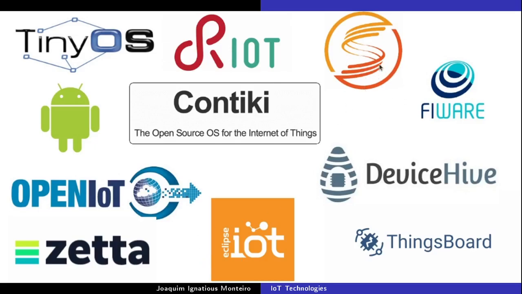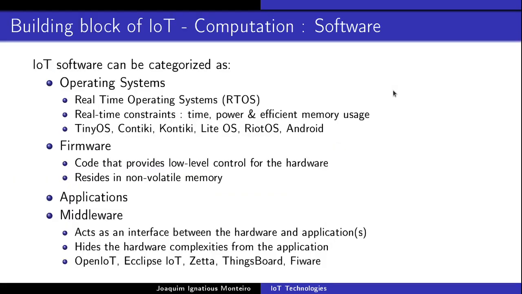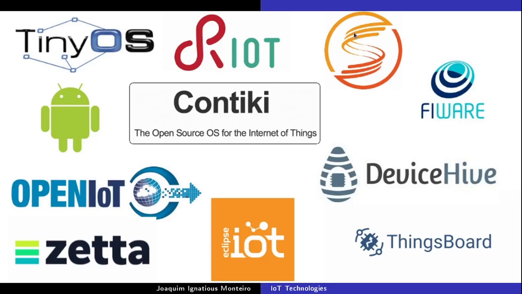This is by Huawei, LiteOS. So this is the logo for LiteOS. Huawei has brought out an open source standard, LiteOS. Okay, and then DeviceHive. All those things are middlewares. Eclipse IoT, OpenIoT, Zetta are all middlewares, right?